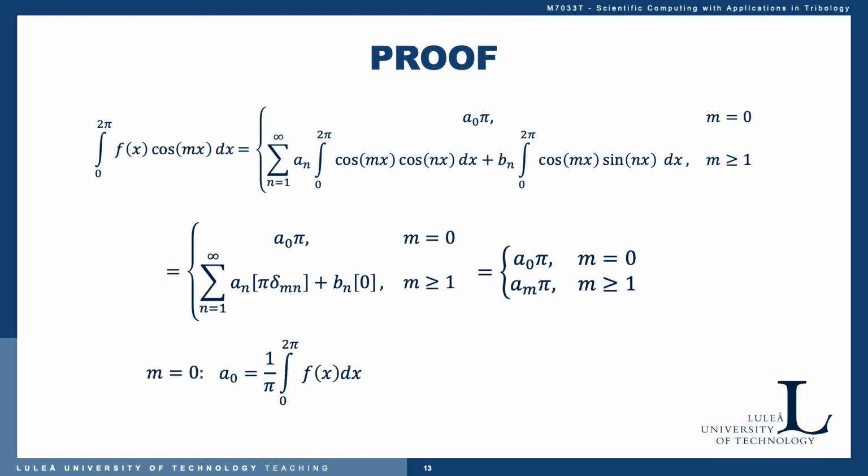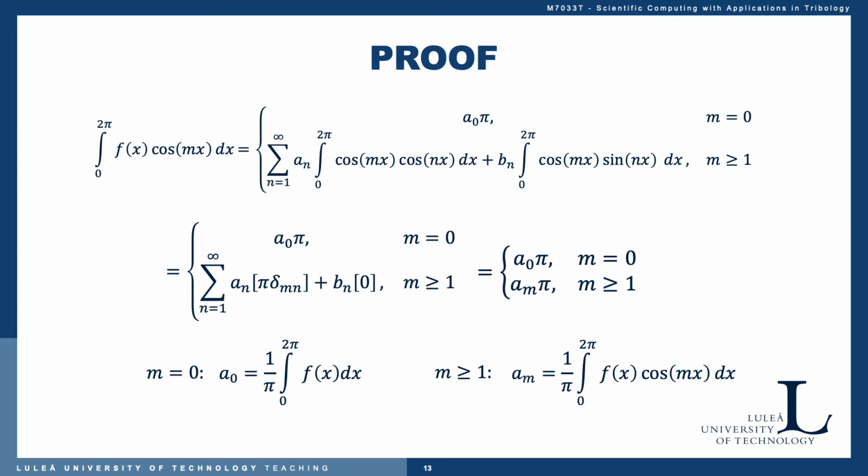So, summing up, we can obtain a0 by integrating f of x from 0 to 2 pi, and we normalize this with 1 over pi. Same way, 1 over pi times the integral of f of x times cos mx gives us am, the coefficients am.